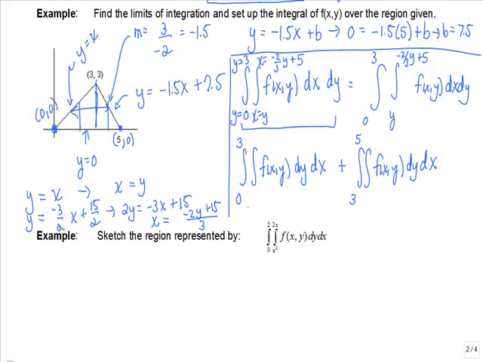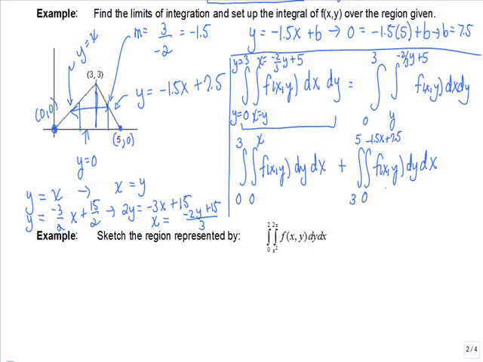The y's will go 0 up to, and remember this has to involve only x's, so now we use our regular function, negative 1.5x, oops, excuse me, that's not the right one, is it? Erase that. 0 up to the first one will be 0 up to x, because that's y equals x. And then the second one, the y bottom is 0, and the function is negative 1.5x plus 7.5.